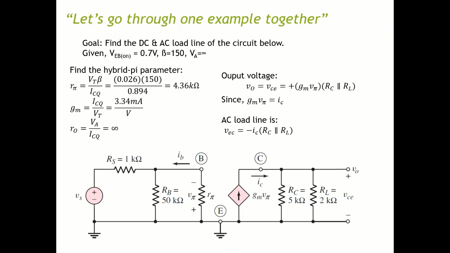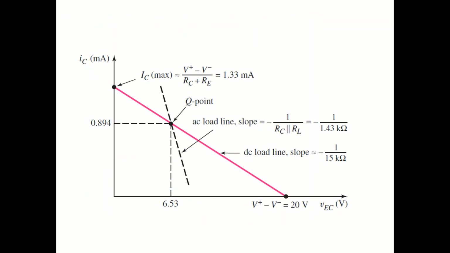Also, the slope of the AC load line is substantially different from the slope of the DC load line, and I will show you the load line right now. As you can see here, we just plotted out our load line for AC and DC.